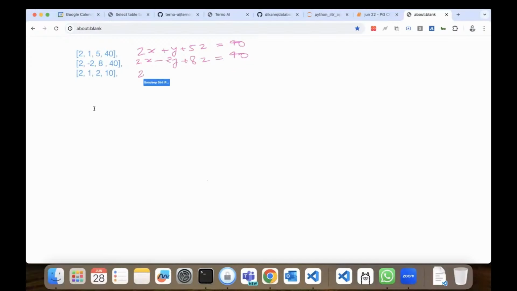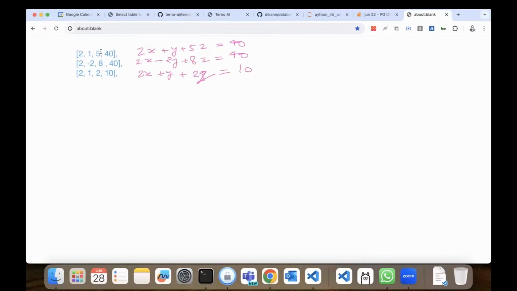And 2x plus y plus 2z equals 10. Is everybody clear about these equations? Yes, sir.